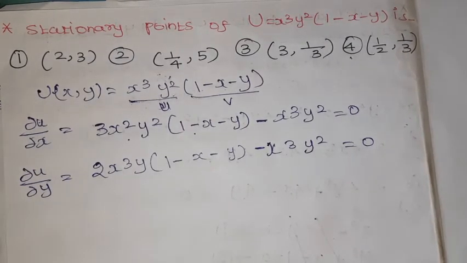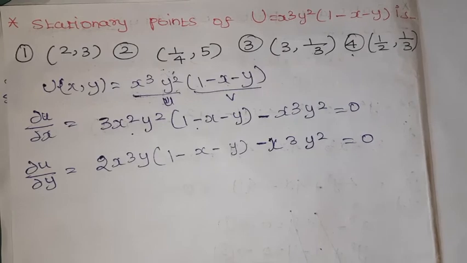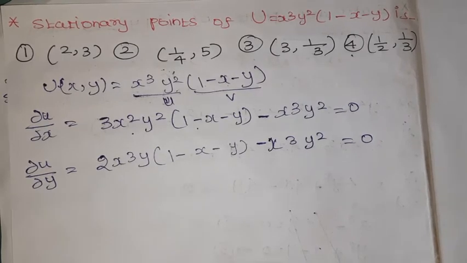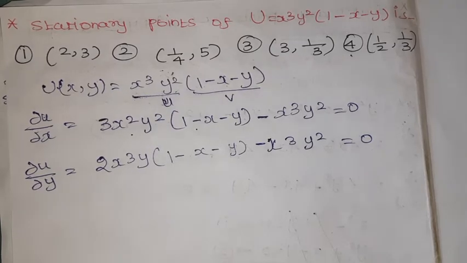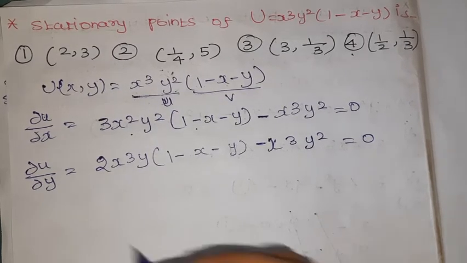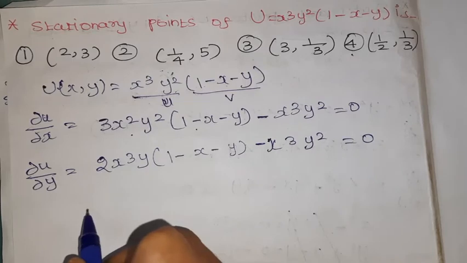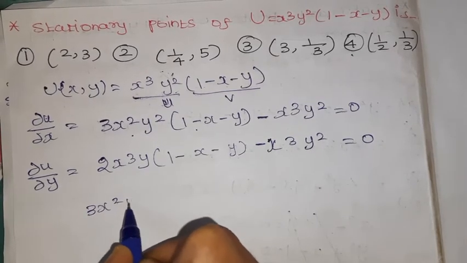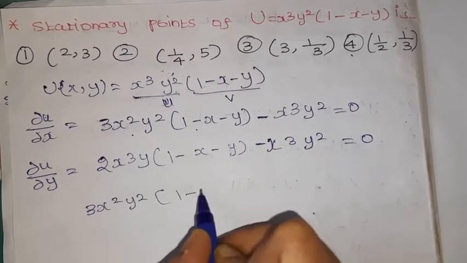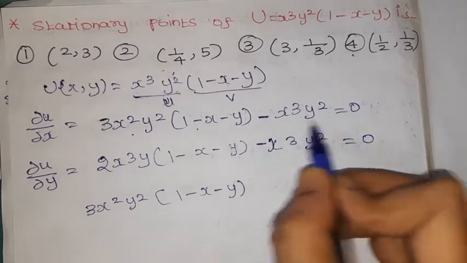So ∂u/∂x and ∂u/∂y are equated to 0. First we equate ∂u/∂x equal to 0: 3x²y²(1 − x − y) equals x³y².